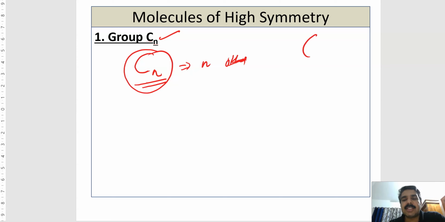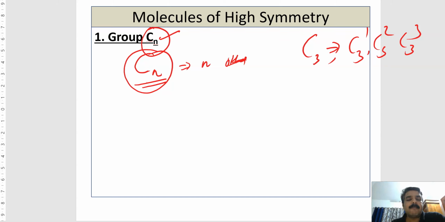No other symmetry plane or inversion center is present in the case of Cn, only a Cn axis. So the order of this type of point group is equal to n, because if Cn is present, along with the Cn there will be n rotation operations.